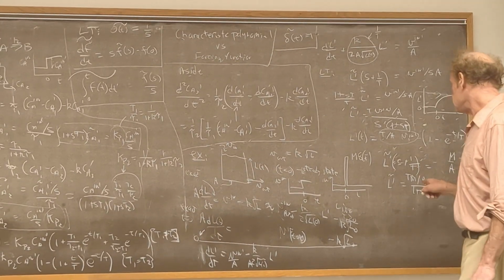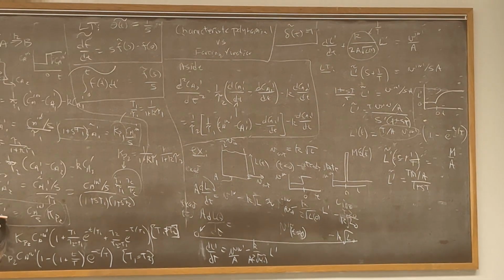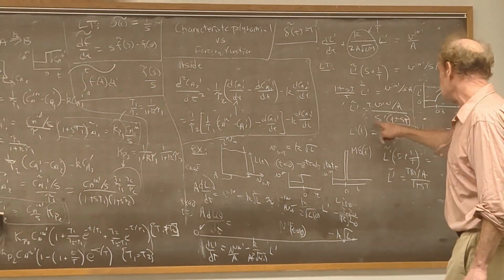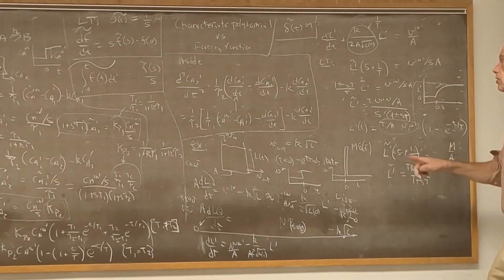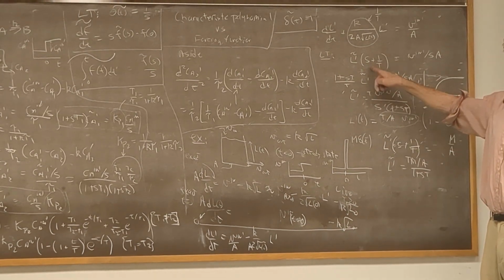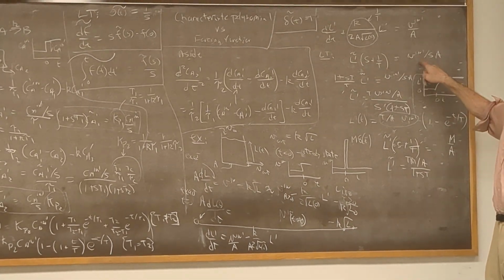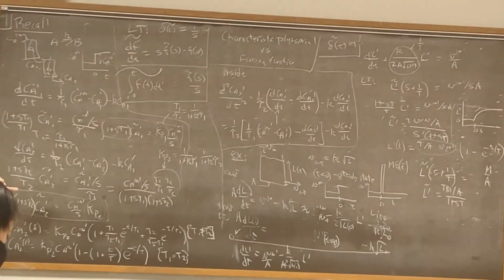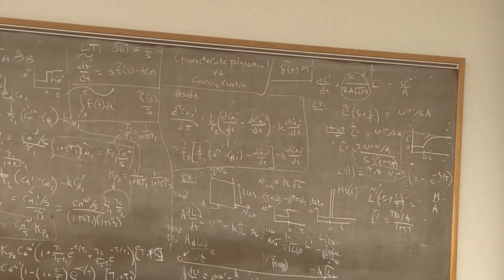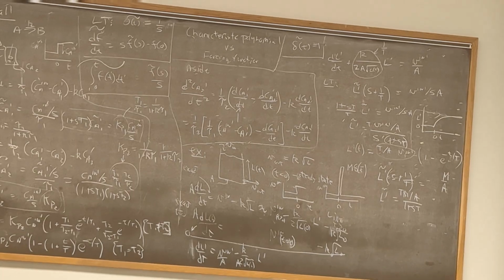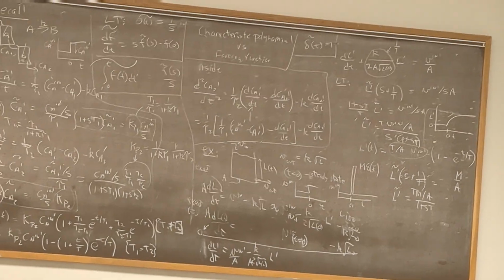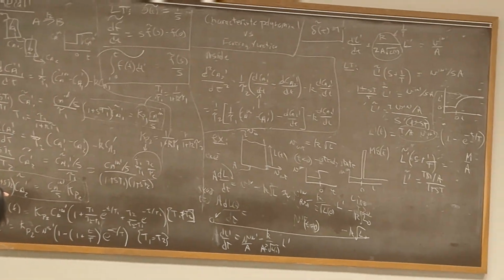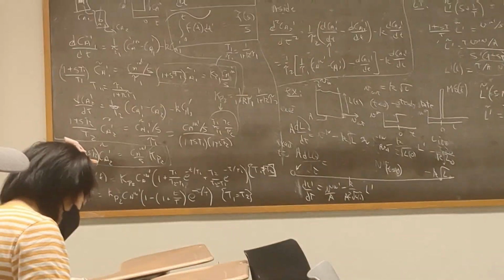And that tells me, so now I have a 1, I don't have an s down here, I just have a 1 over 1 plus s tau. By the way, notice the left-hand side hasn't changed. It's only the forcing function that changed. What line in the table just has a 1 over 1 plus s tau? You want to get used to looking at this table. Line 4. Line 4 just has a 1 over 1 plus s tau.